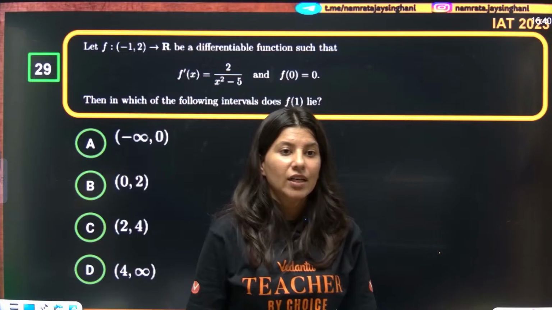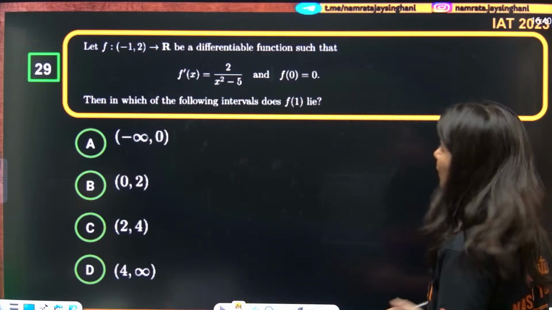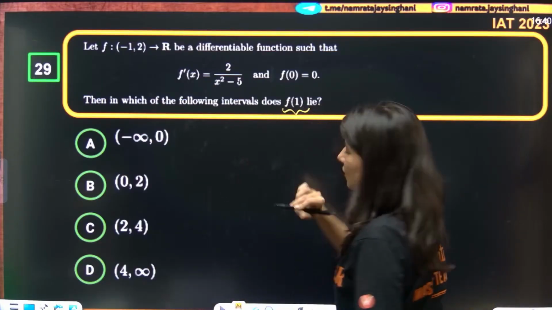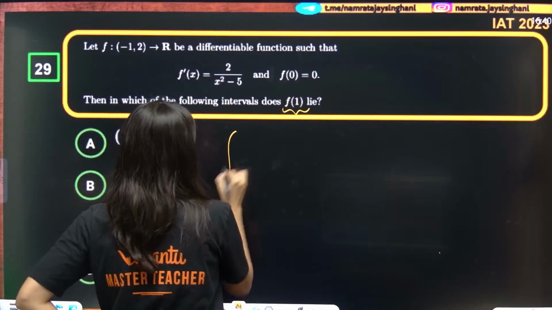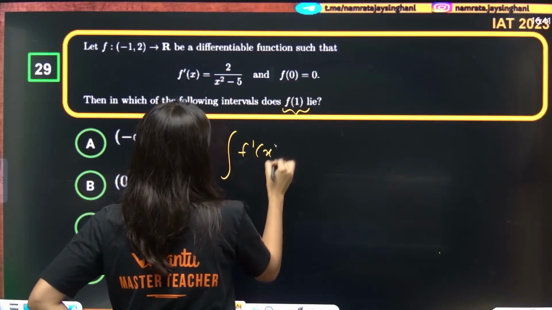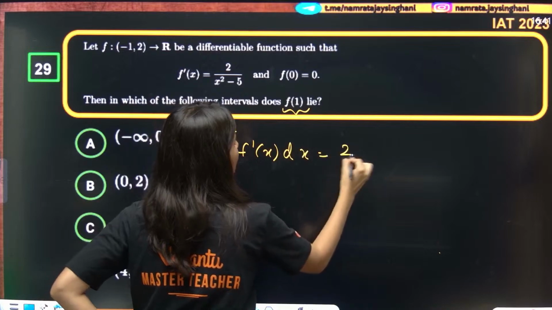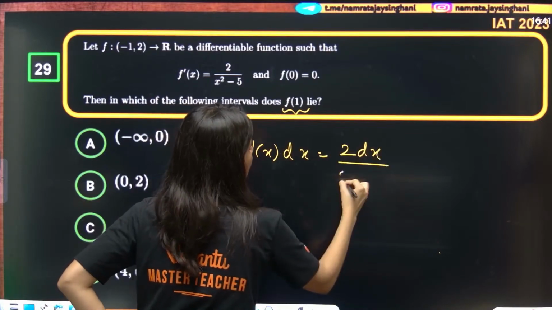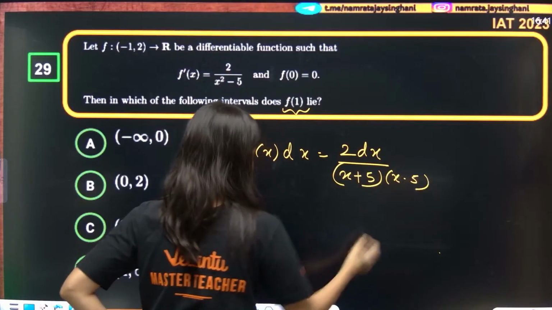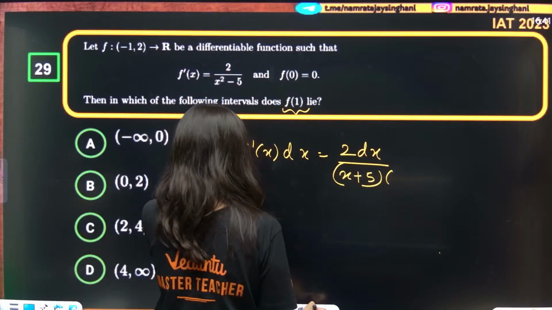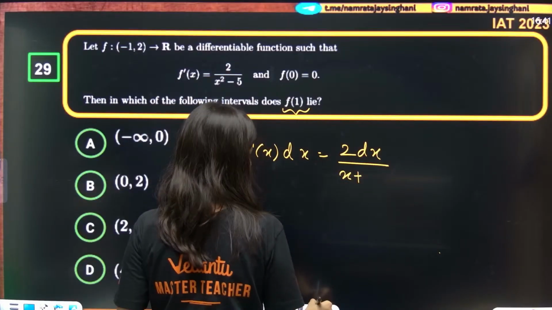Okay. Here f dash x is given and we need to figure out f of 1. So the whole question is, can you calculate f of x? So f dash x dx is equal to 2 dx over x plus 5 and x minus 5. Or rather, x square minus 5 will also work.